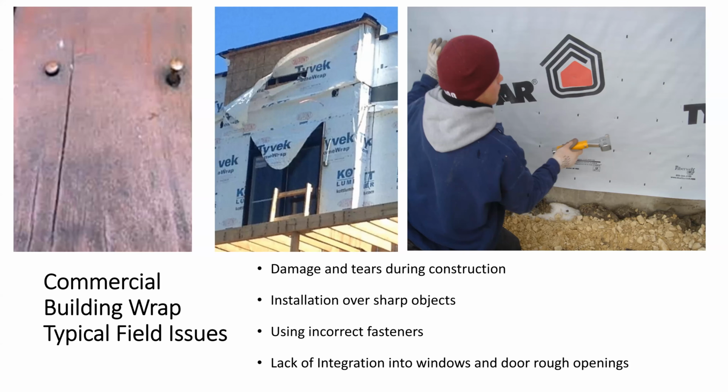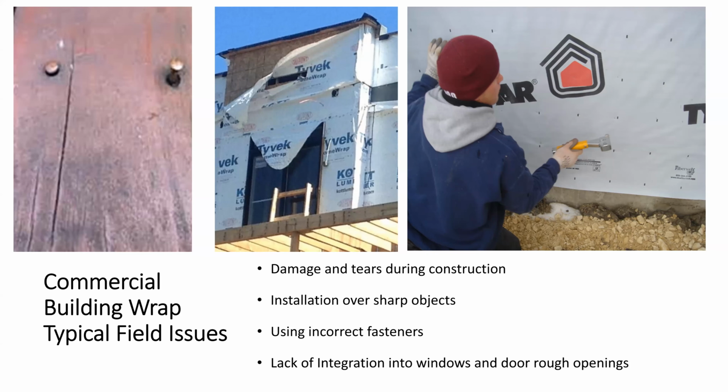And then the third thing is these things do have to integrate into the window assemblies. So a lot of times the manufacturers will have flexible flashings. They might have a preformed sill pan. They'll have some different things that we can make that connection between the building wrap and then say the window. It could depend a little bit on the type of window, right?